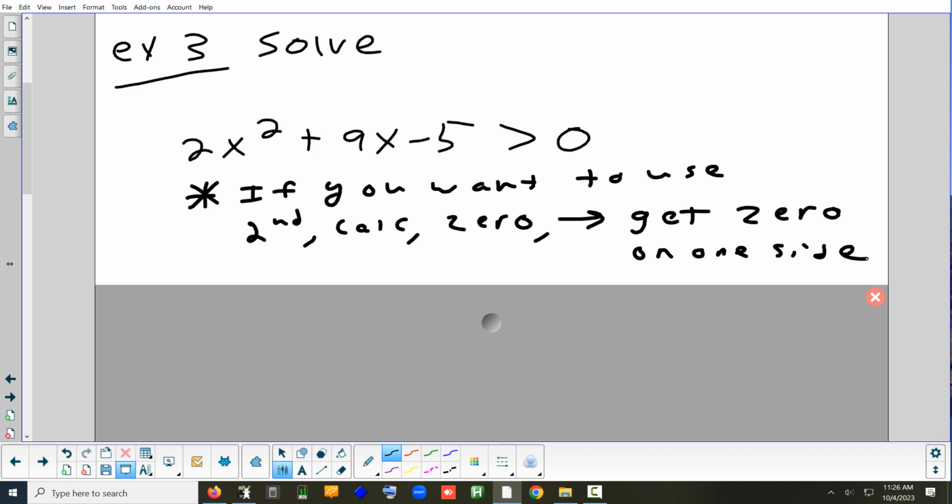If you don't want to use second calc 0 and you want to use second calc intersect, that's fine. You can do a y1 and a y2 and see where they cross.